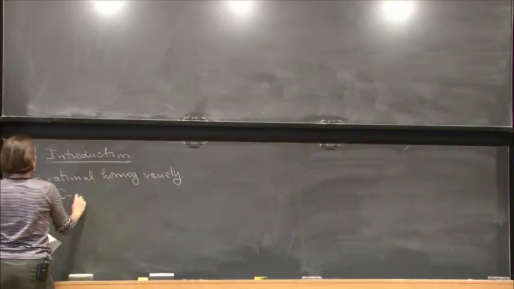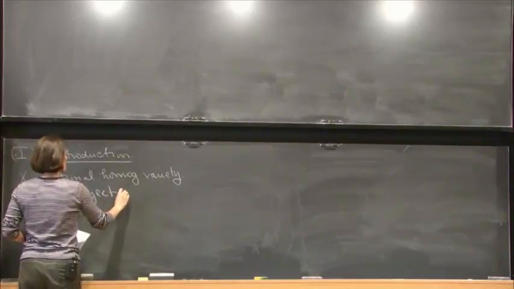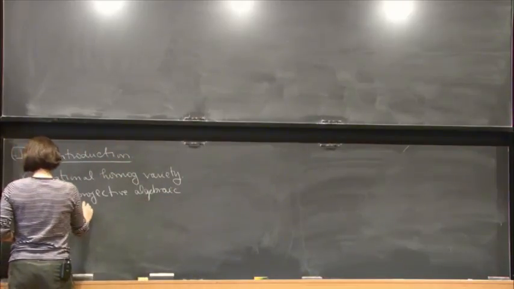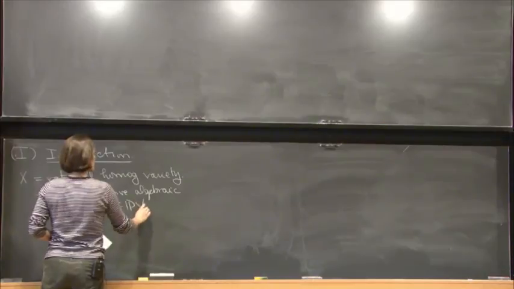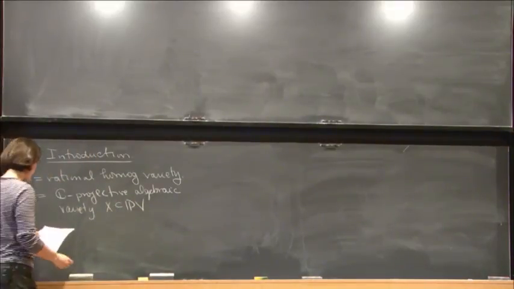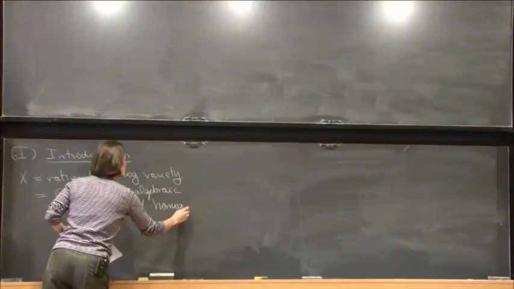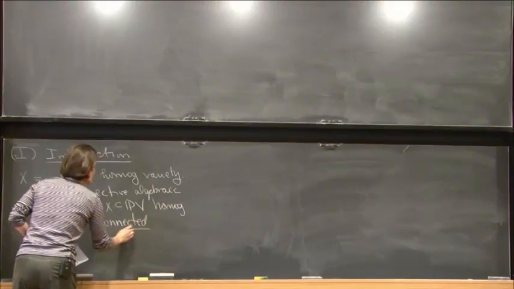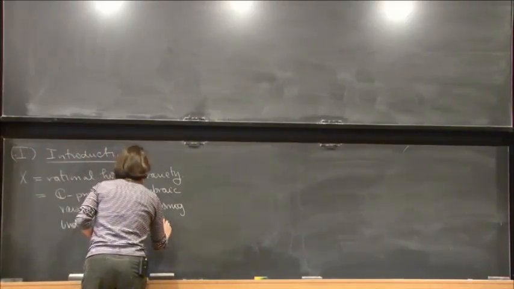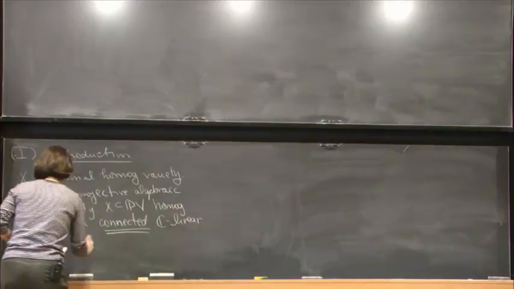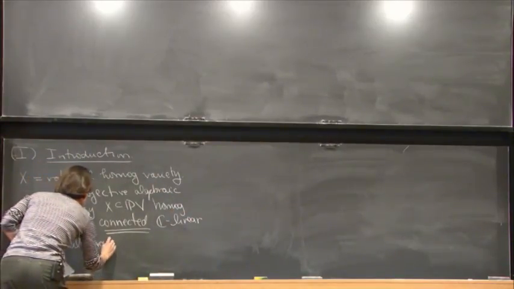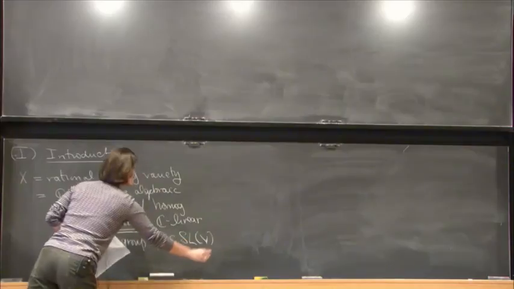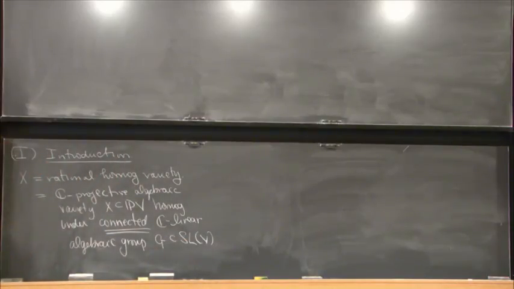So this is a complex projective algebraic variety X sitting inside some complex projective vector space, and it's homogeneous under a group that we'll assume to be a connected, complex linear algebraic group, which you can think of as sitting inside the automorphisms of V.